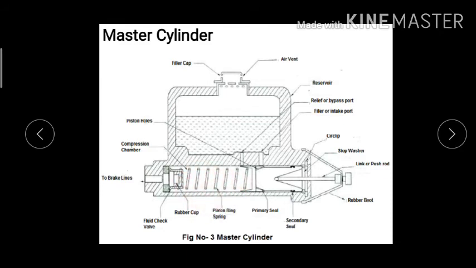That oil will create a pressure which will release whatever vacuum is generated because of the air involvement. So the filler or intake port will enter with some oil here, and whatever vacuum is created will be taken out.